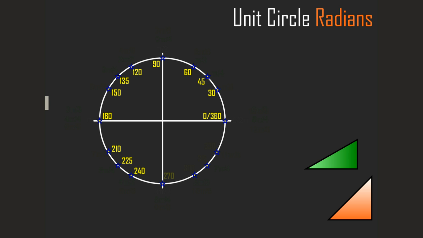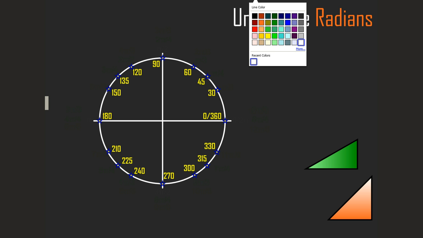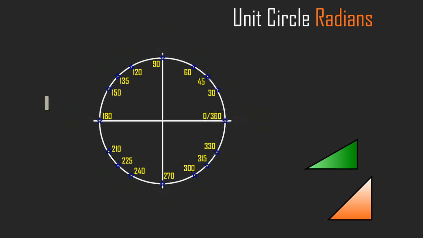So what we're going to do today is define another unit of angle measure called a radian. And a radian is a measure of essentially arc length. So, just to get a feel for arc length, let's remind ourselves of the circumference.